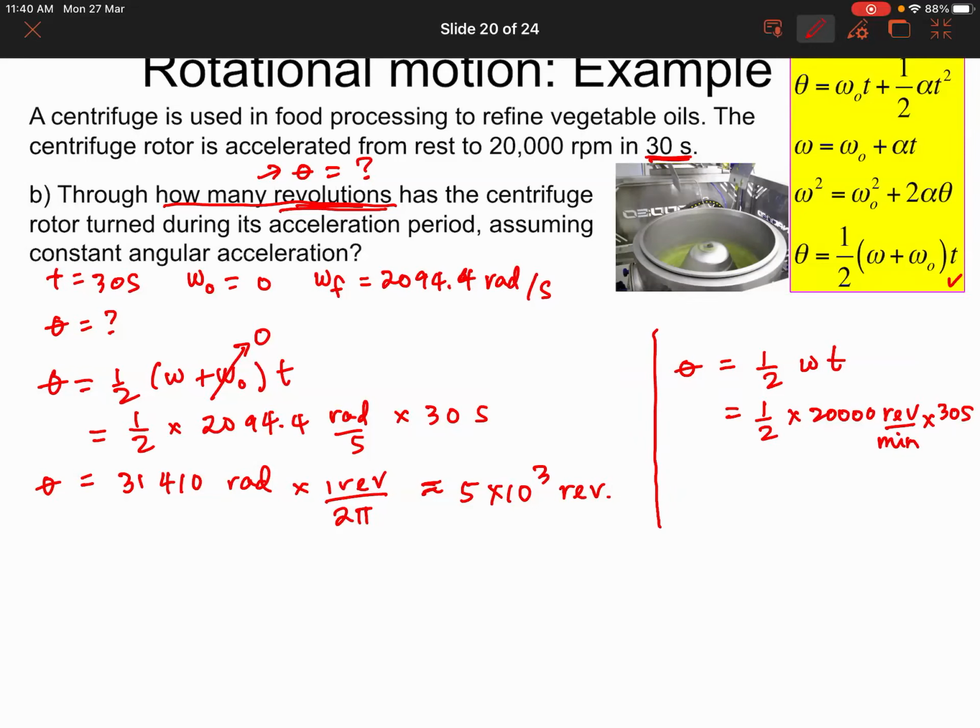So that will be an extra dividing by 60 seconds to convert minutes to seconds. You will still get something like 5 times 10 to the 3 revolutions.